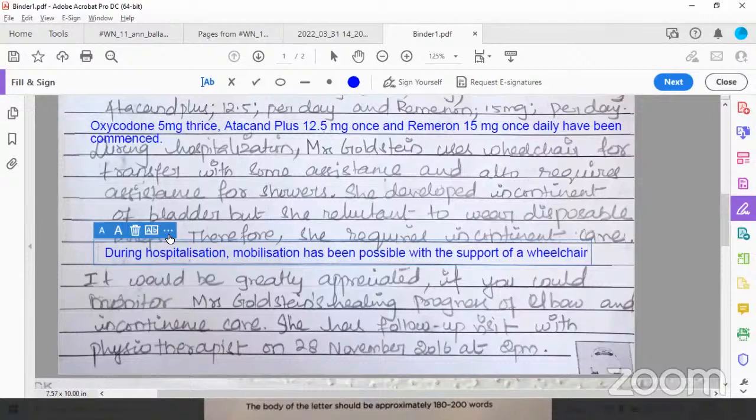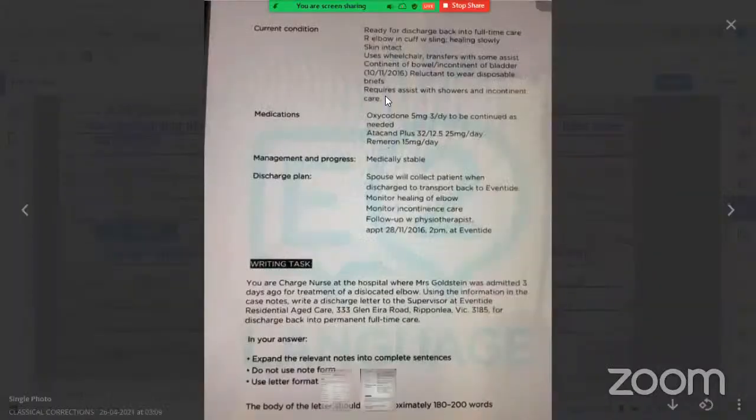and minimal assistance. Okay, let us see here. Uses wheelchair, transfers with some assistance.